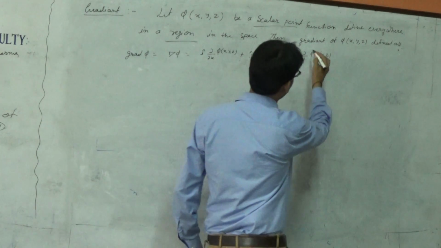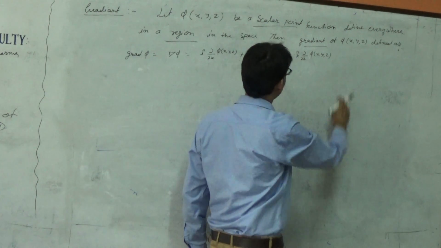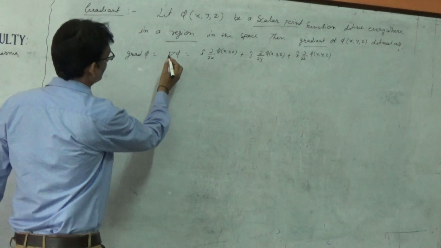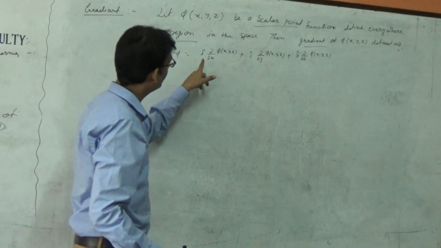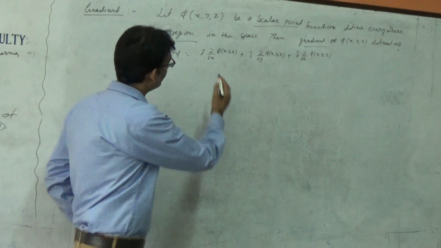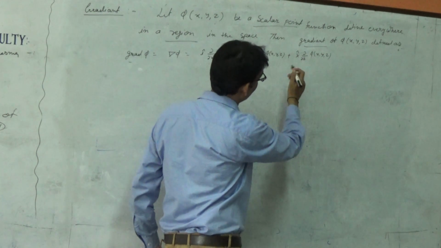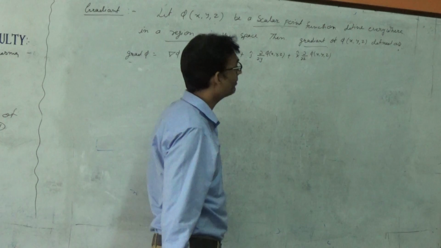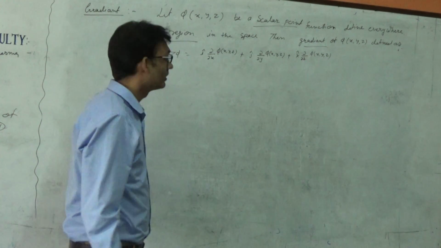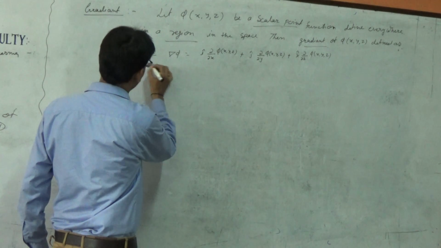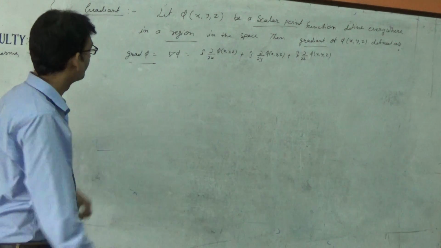Then the gradient of phi is defined as grad phi equal to i del phi upon del x plus j del phi upon del y plus k del phi upon del z. This is the definition of gradient.